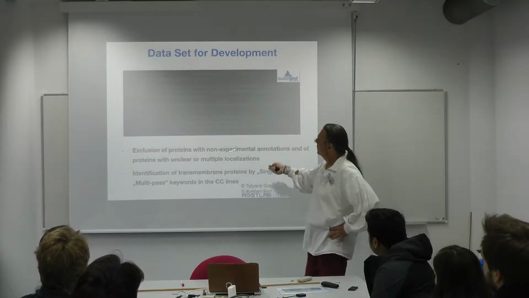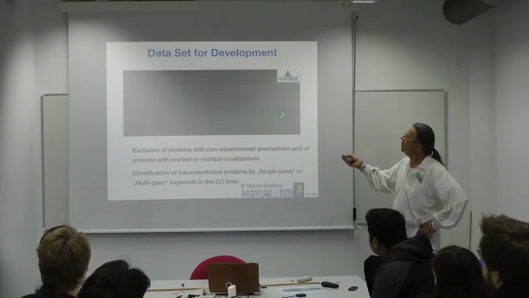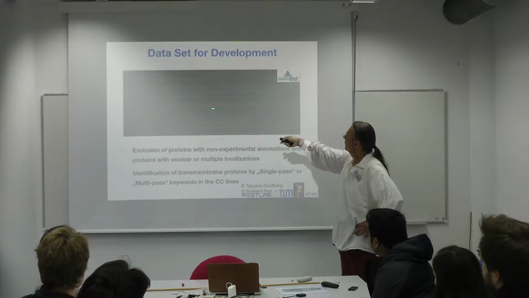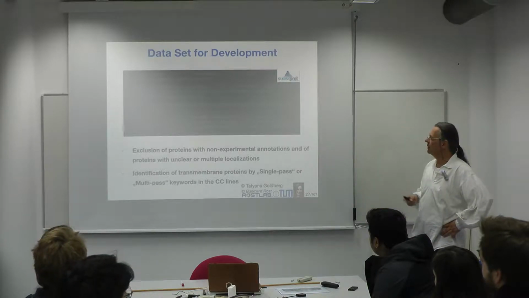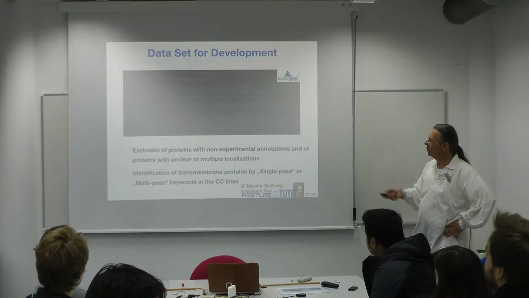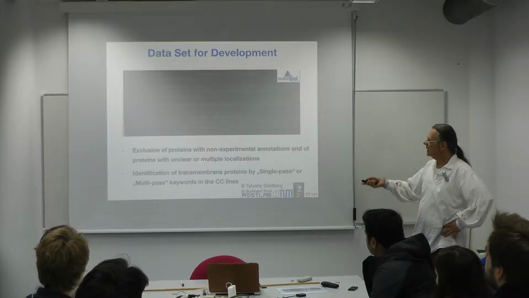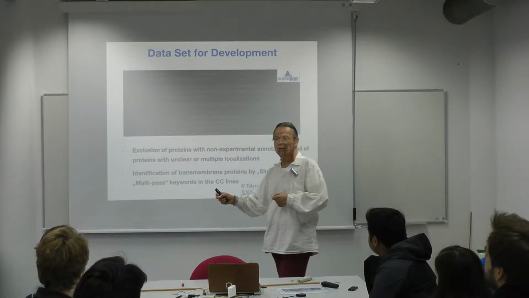I'm sorry for the quality. This is the original SwissProt file here that has an annotation in nucleus membrane, and so this is one of the membrane proteins that will be in the state nuclear membrane. We will exclude proteins with non-experimental annotations and with unclear multiple localizations. Again, proteins travel between subcellular localizations.